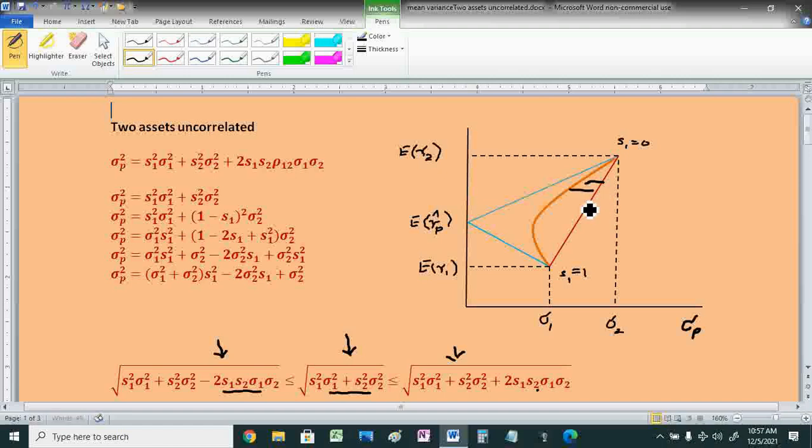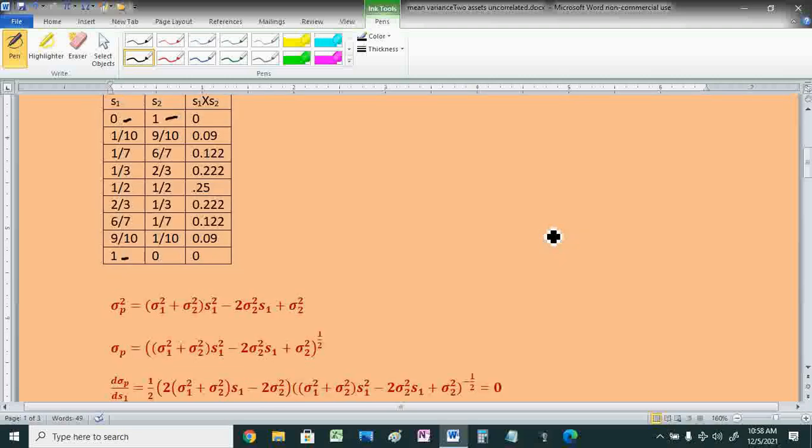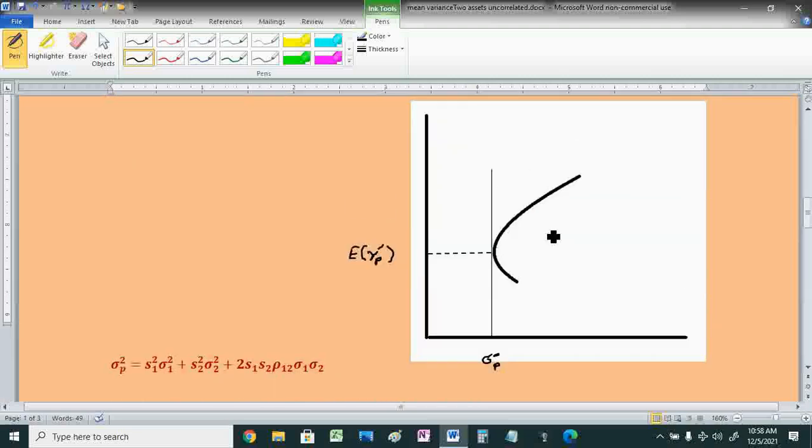For some values of S1 and S2, this distance will become maximum, and then it will start decreasing. And so we'll have this particular shape of the portfolio possibility frontier in the case where the correlation between the two securities is equal to 0. And this is something that I have drawn here in this particular graph.